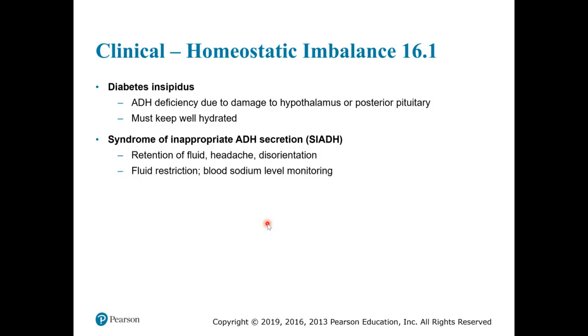So somebody with diabetes insipidus would make a lot of urine and they would be thirsty. Now those two don't really go together. When you're dehydrated is when you have high thirst. When you're dehydrated, you don't make much urine. So when you're well hydrated or overhydrated, you make a lot of urine and you're not thirsty. So to be thirsty and make a lot of urine, those don't go together.